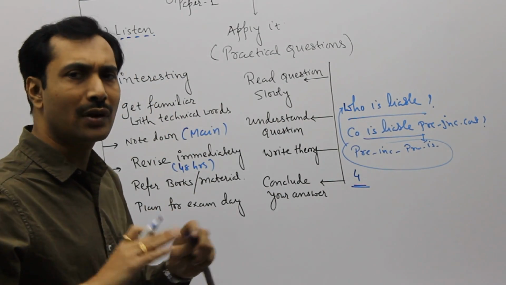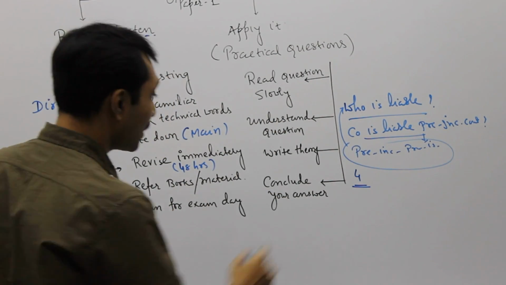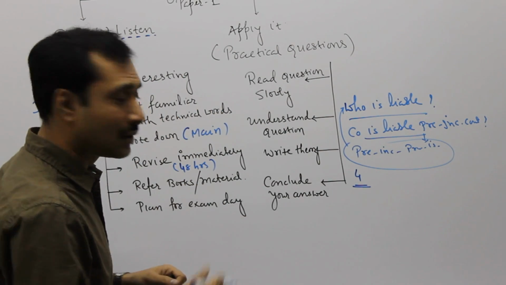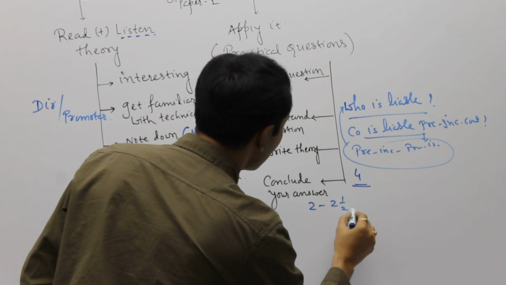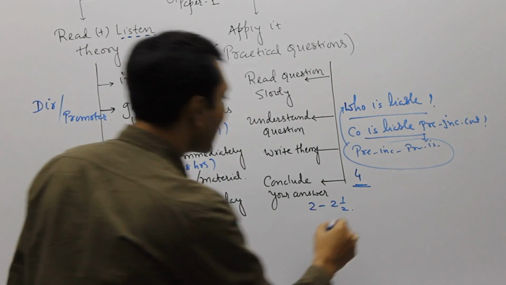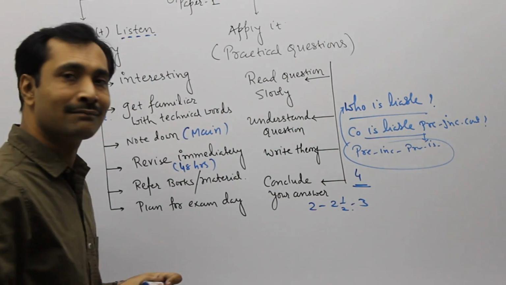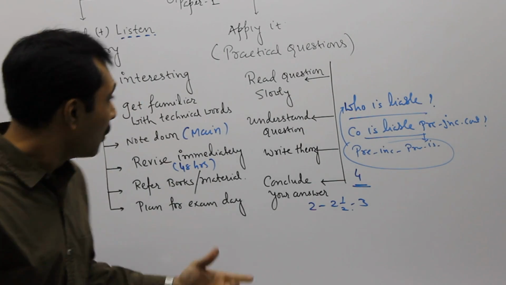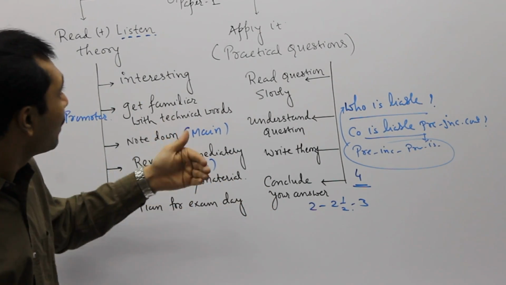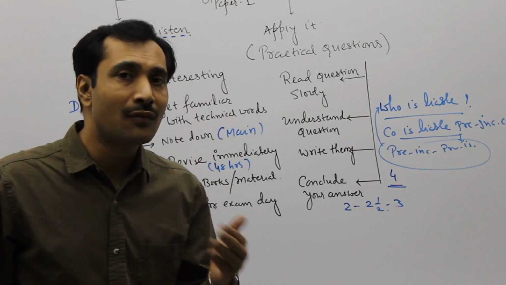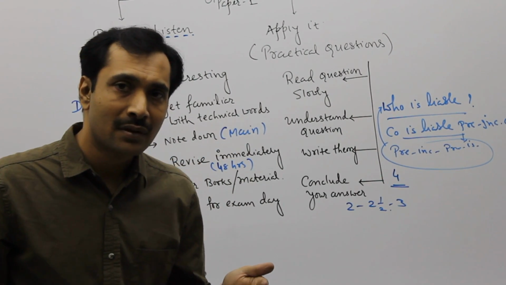You have mentioned the theory in a very clear manner, but you omit the conclusion. So you will get either 2 or 2.5 marks. If the examiner is good, he will give you 3 marks, right? So one must consider all these points while preparing for a theory subject, especially for company law, right?